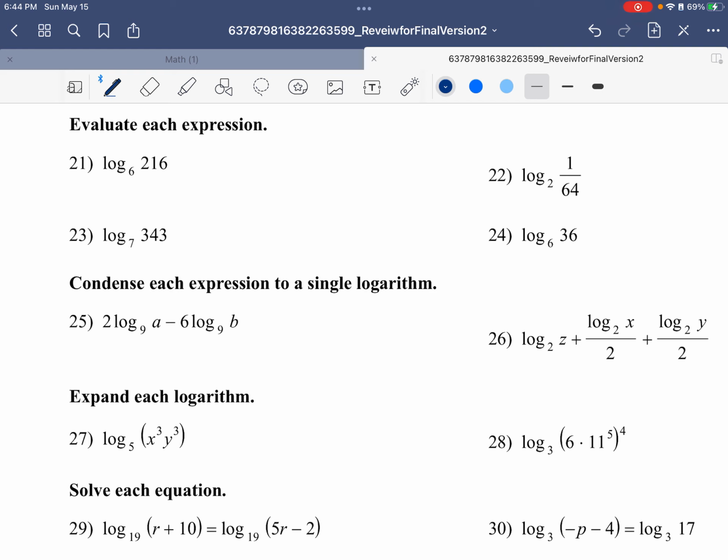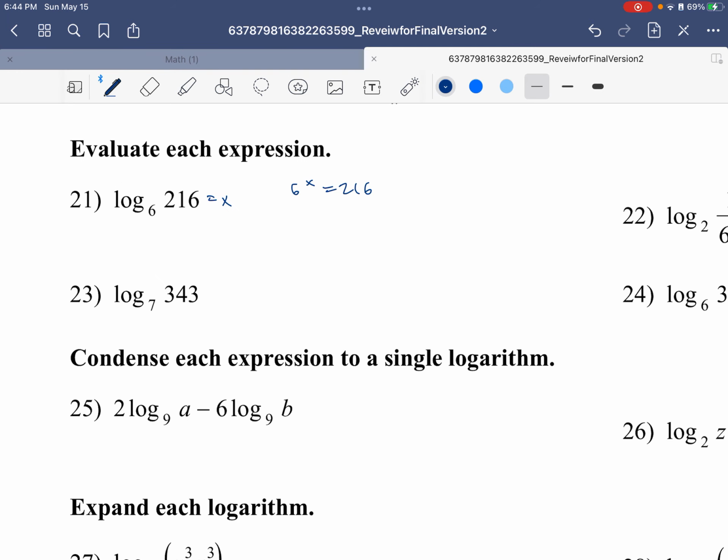Evaluate. So we can change this into exponential form. I think so. Basically, x to the power of this is this.